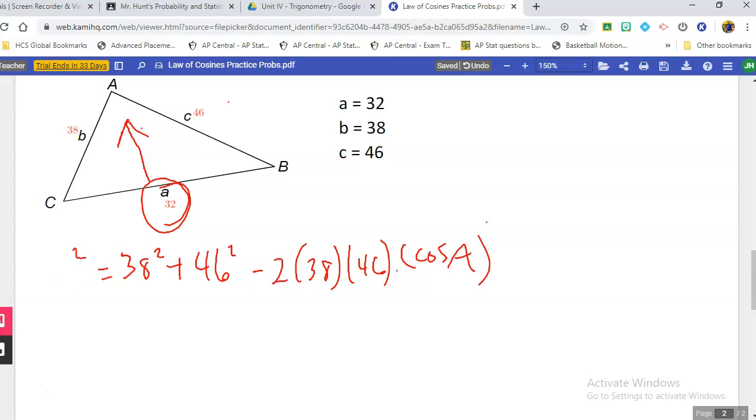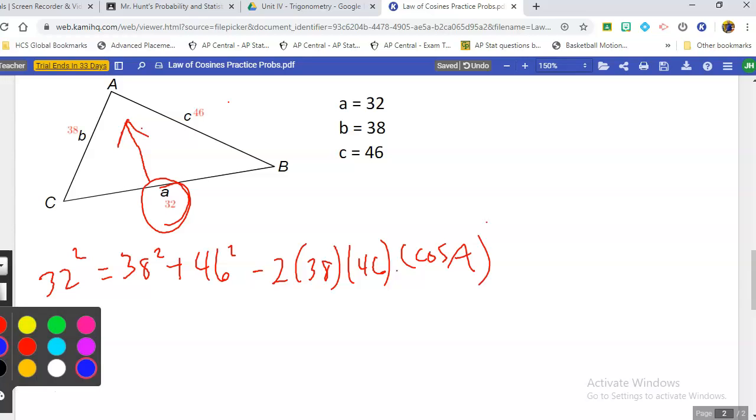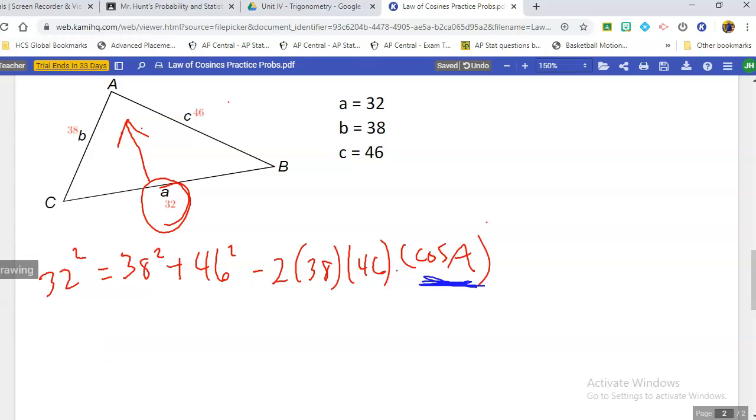So that should be 32 squared instead of A squared. So we'll do that real quickly. So I've got 32 squared equals 38 squared plus 46 squared minus 2 times 38 times 46 times cosine A. And now the reason why is that I'm trying to find angle A. So I'm going to work with the formula that has angle A in it.